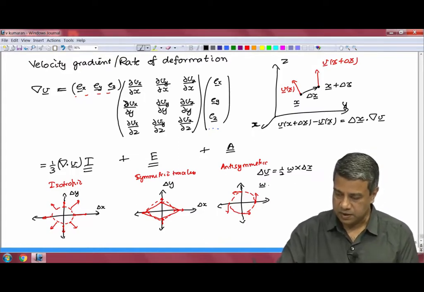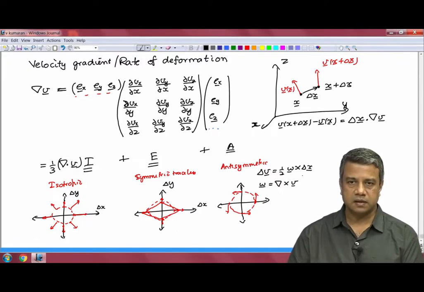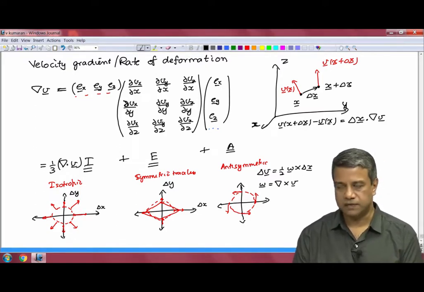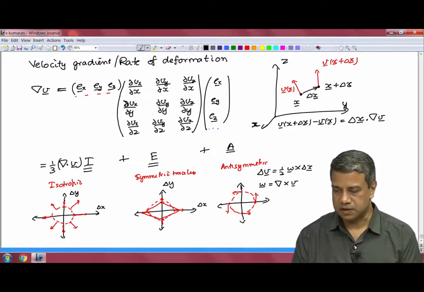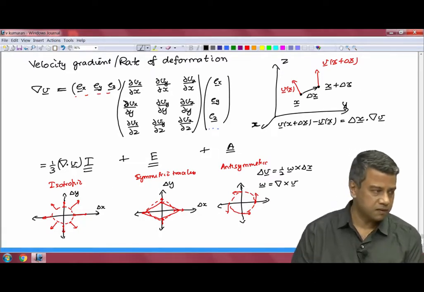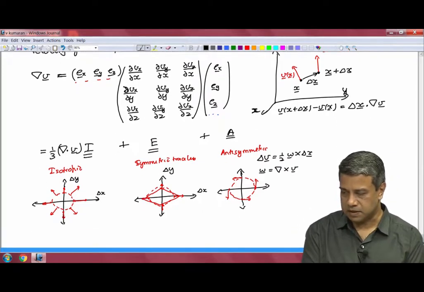Omega is equal to the curl of the velocity, or the cross product of the gradient and the velocity. So, this represents solid body rotation with angular velocity equal to half the vorticity. So, this has 3 parts: the isotropic, symmetric traceless and antisymmetric.